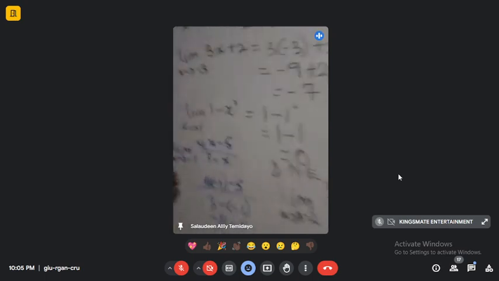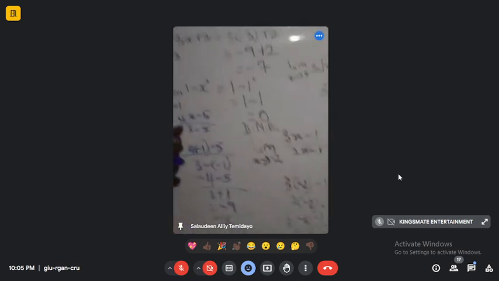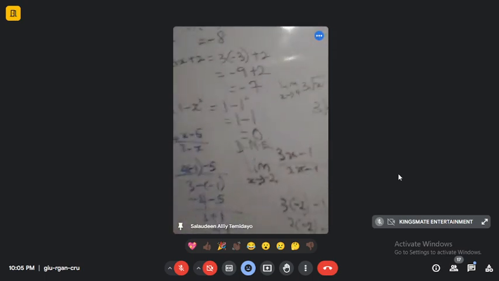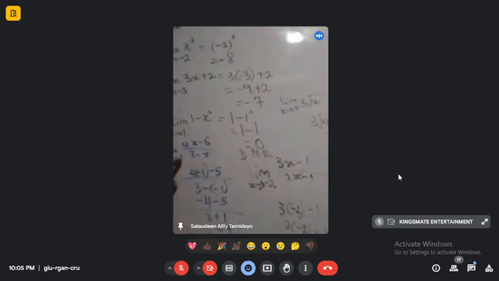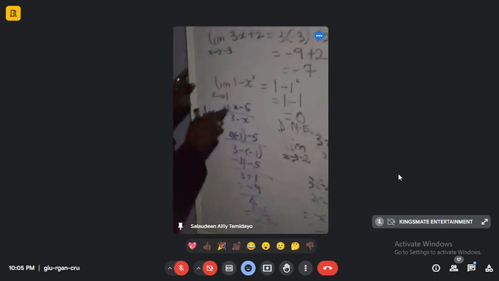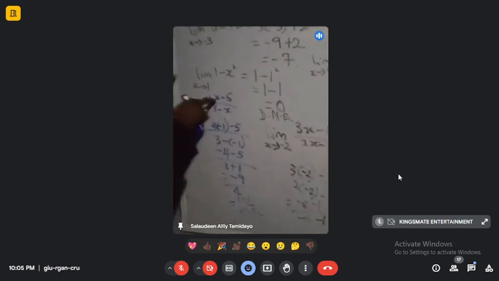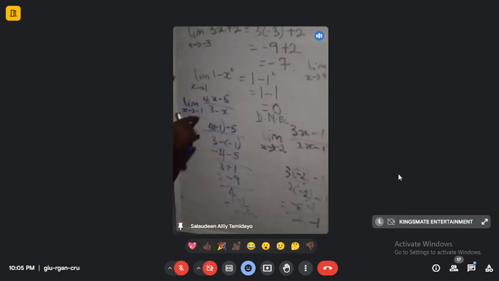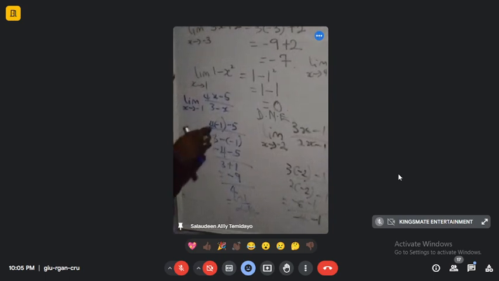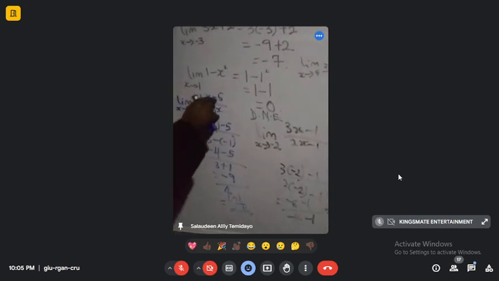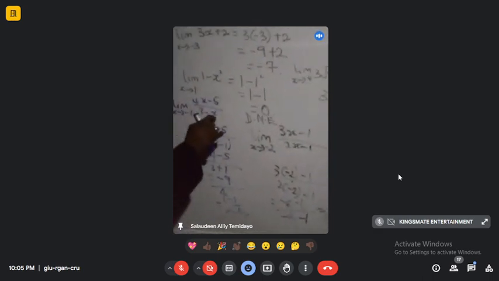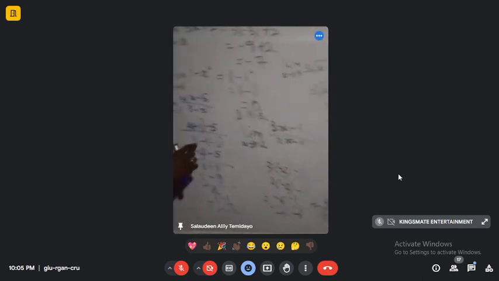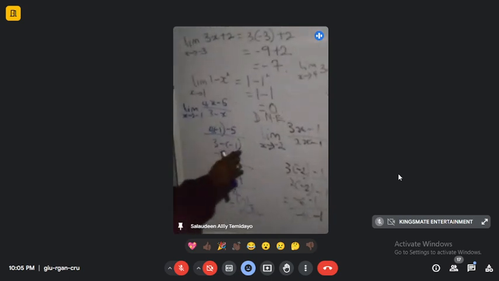It says limit of 4x minus 5 over 3 minus x as x approaches minus 1. That's 4 times minus 1, because x is minus 1 originally. So 4 times minus 1 minus 5 over 3 minus x, 3 minus what is x? Minus 1.